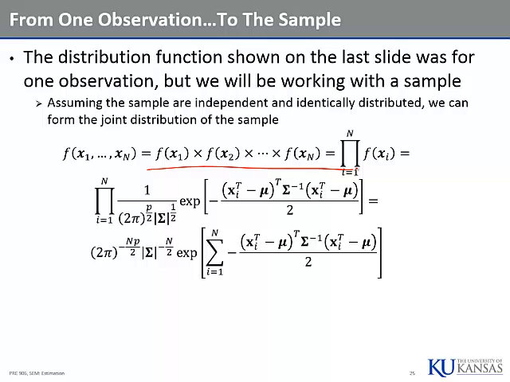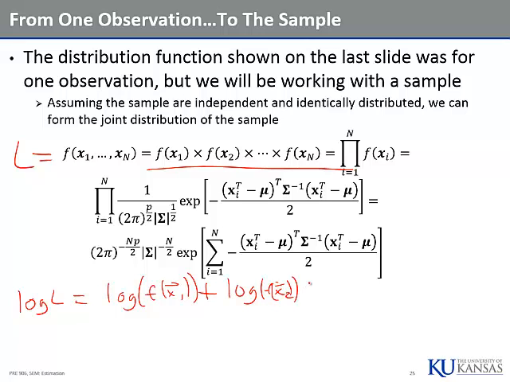If we take the log of that, if we call this capital L, the log likelihood, log L, would be equal to the log of f of x1 plus the log of f of x2, all the way down to the last value, log of f of xn.